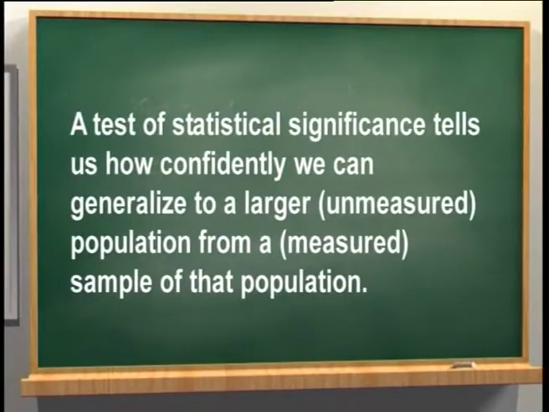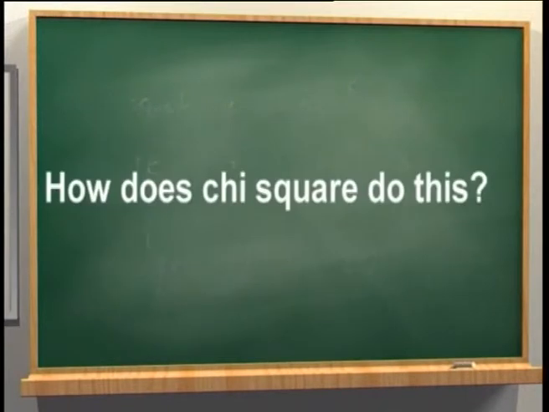But we cannot generalize to make claims about the population from which we drew our sample unless we submit our results to a test of statistical significance. A test of statistical significance tells us how confidently we can generalize to a larger population from a sample of that population. How does chi-square do this?